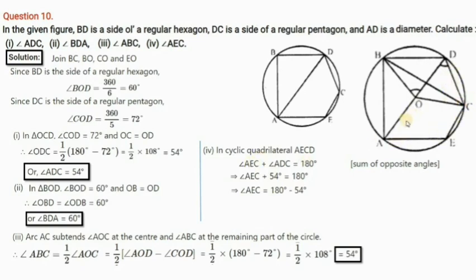AEC is this one. We know that ADC, this angle, is 54 degrees from here, so instead of ADC I have written 54. So from here AEC turns out to be 126 degrees.